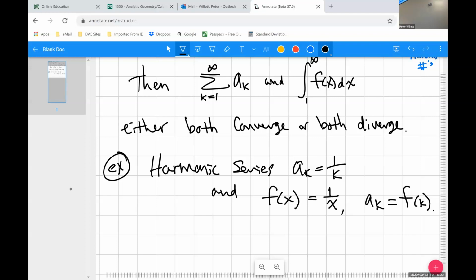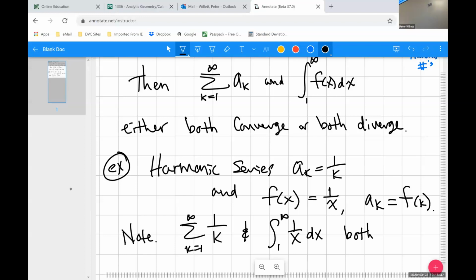So then note, the summation as k goes from 1 to infinity of 1 over k, and the integral from, not 0, the integral from 1 to infinity of 1 over x dx, both diverge.